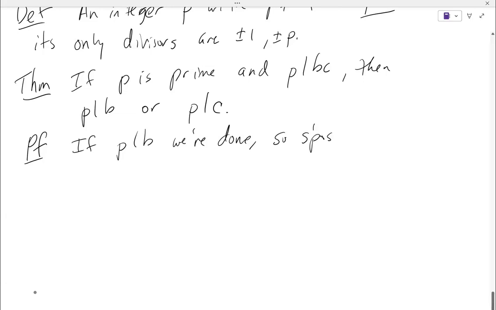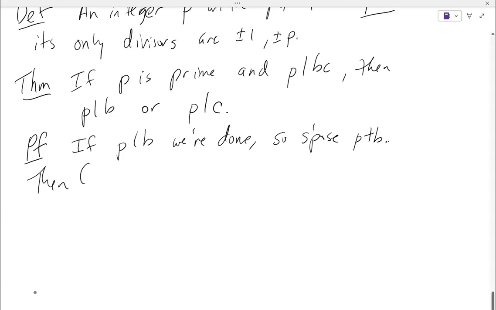So suppose that P doesn't divide B. If P does not divide B, what is the greatest common divisor of P and B? 1.